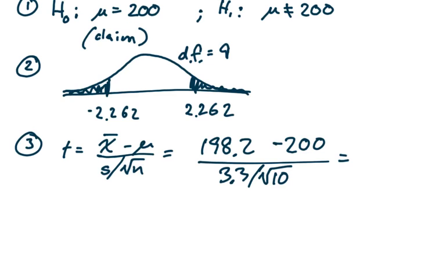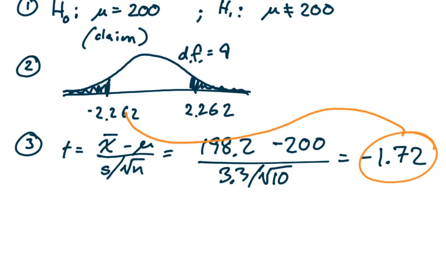According to the calculator, we get negative 1.72. All right, so where is that? Negative 1.72 is down here. But it's not inside the rejection region, so we don't reject H subscript 0.